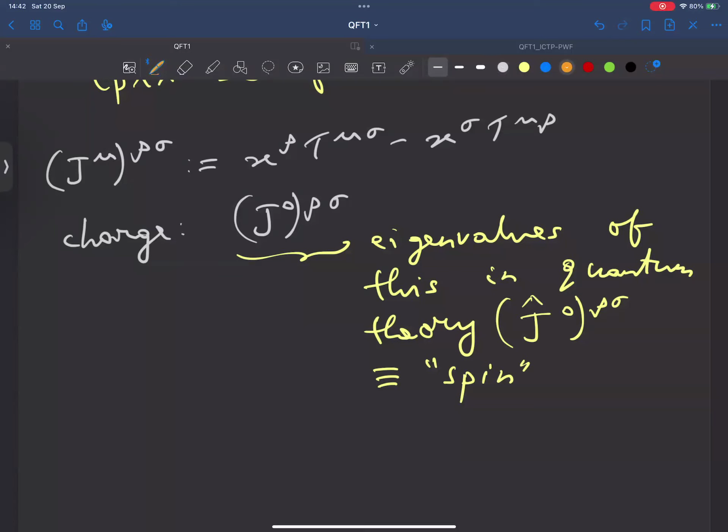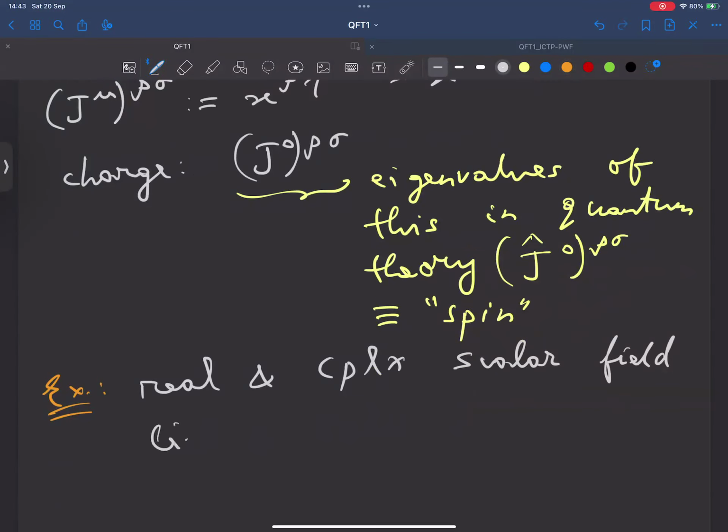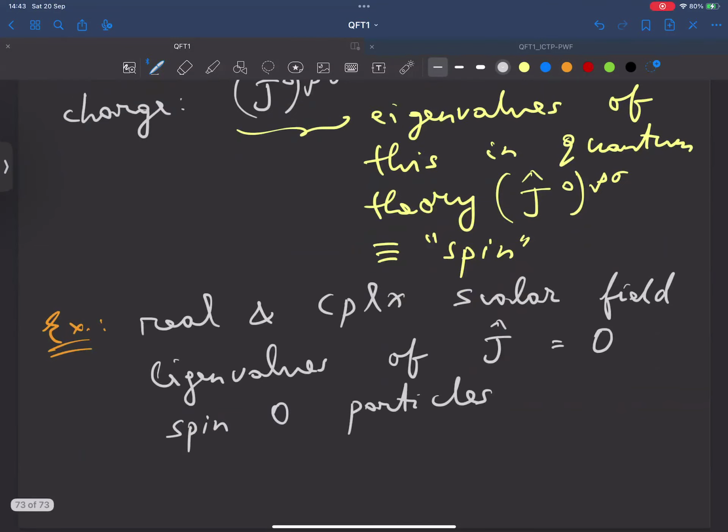And then you can show explicitly that both in the real and the complex scalar field case, this is an exercise, these eigenvalues of this quantity J hat will be 0. Okay. So which means these will be called spin 0 particles. And when we move to the Dirac field, we will see that it will have half-integer spin, half, three halves, or something like that.